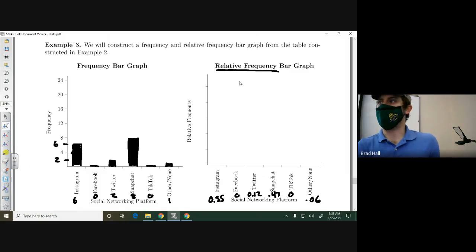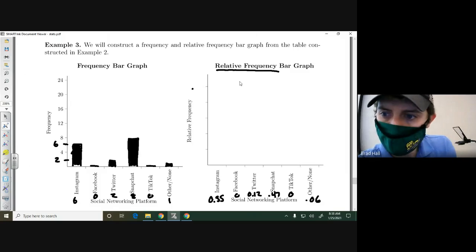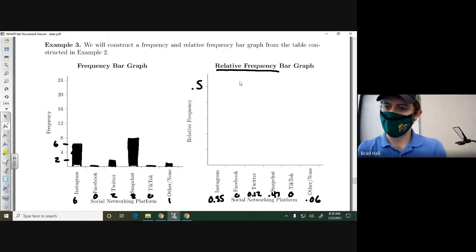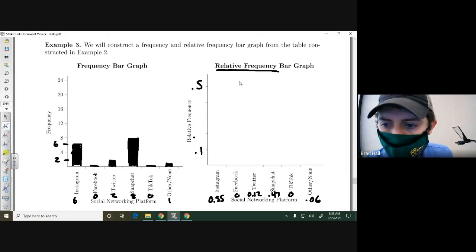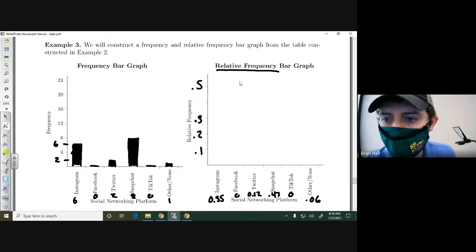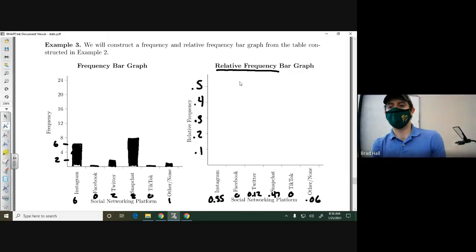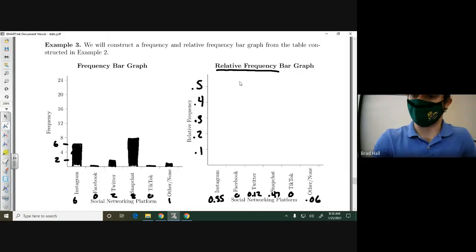Now I need to go ahead and write these up, but I need a y-axis. I need some scale. So let's see, that's 1, 2, 3, 4, 5. I'm guessing 0.5 would be a good one here. 0.5 divided by 5, so let's see, 0.1, 0.2, 0.3, 0.4. Again, technology does this for you. I just didn't know what to expect in terms of the spread.